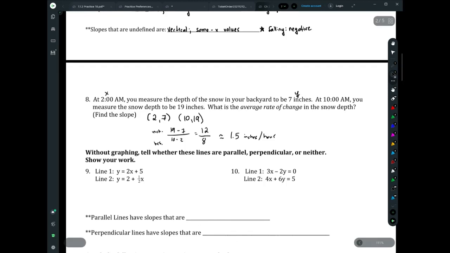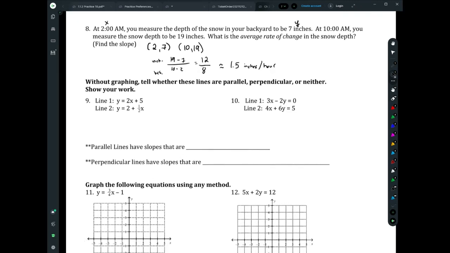Without graphing, the next step, tell whether these lines are parallel. Parallel have the same slope. Perpendicular have opposite reciprocal slopes. And if it's neither of those, then it's neither.